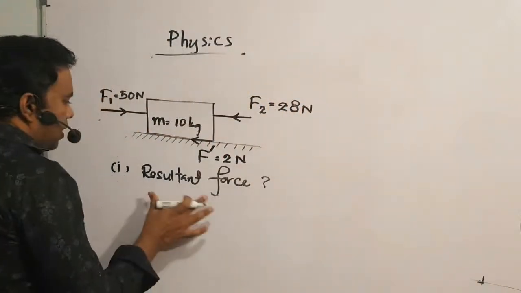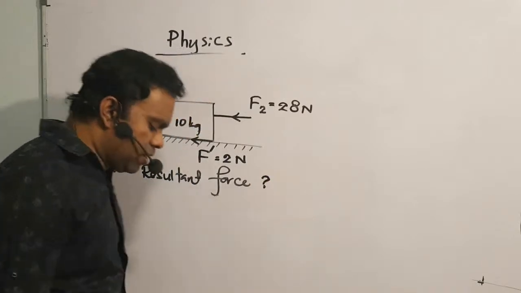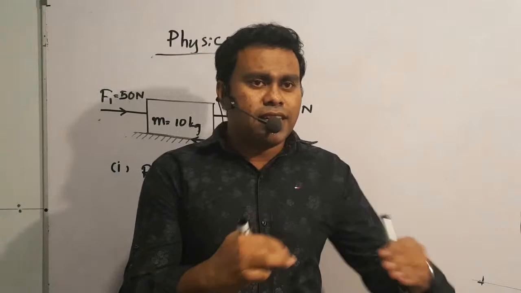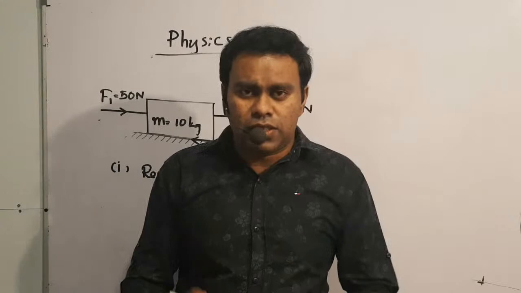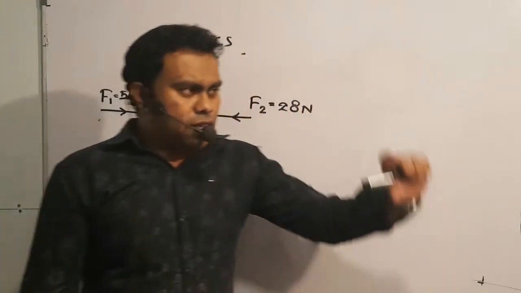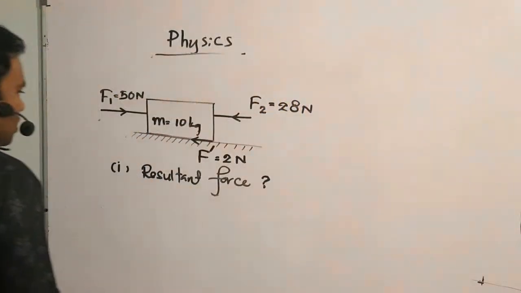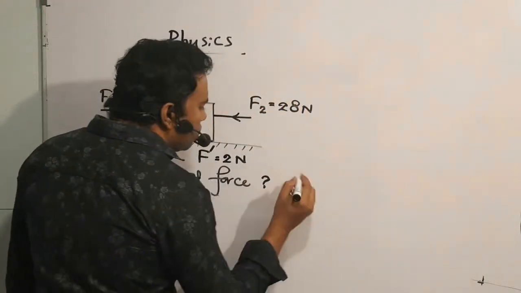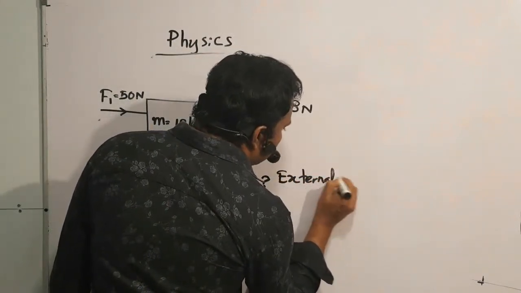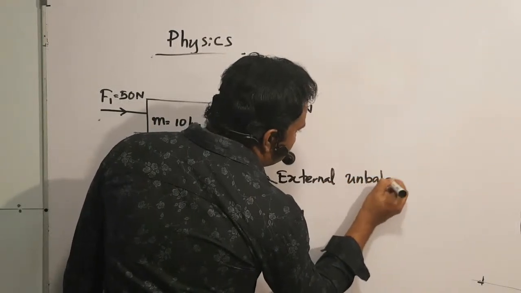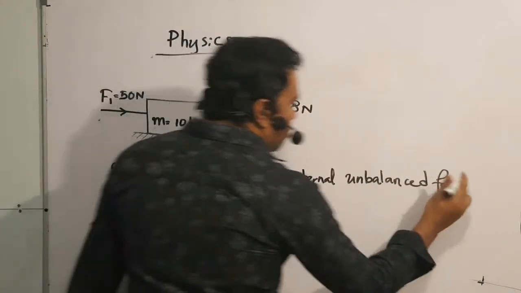Most of the time some students think resultant force and external unbalanced force are two different things. But actually, theoretically there are two names, but the same process happens. Resultant force or external unbalanced force. So we have to find it.